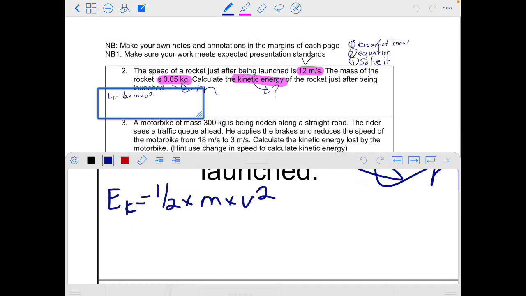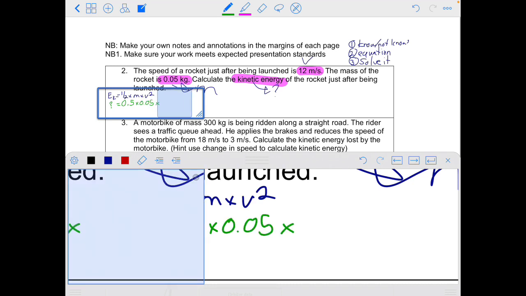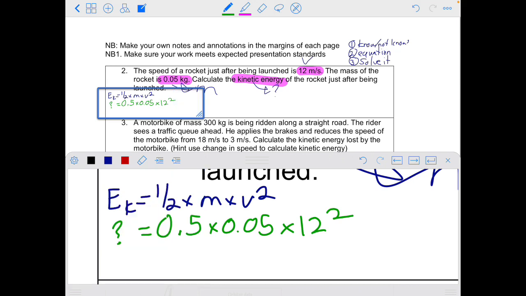So hopefully now you've plugged in the numbers you need to. So the kinetic energy is our unknown, so we're going to leave that as our question mark, equals 1/2 is the same as 0.5 times our mass, which is 0.05 times 12 squared. So remembering BIDMAS, you start with putting 12 squared into your calculator, and then you multiply that by 0.05 and times 0.5.